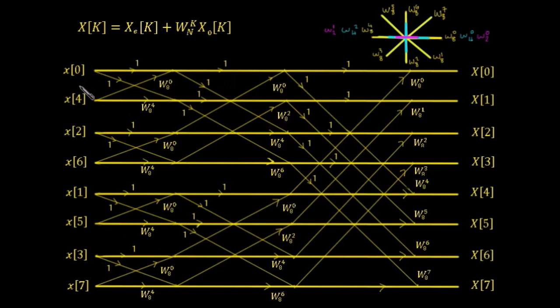So now we no longer have our even and odd, even and odd, even and odd, even and odd. We actually have our even, even, odd, odd, even, even, and odd, odd.